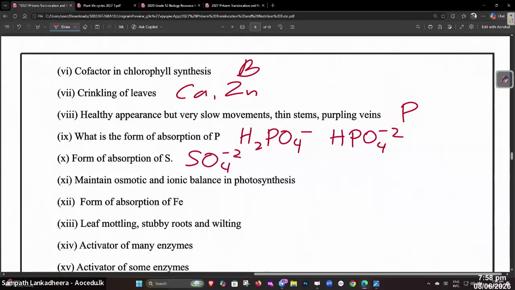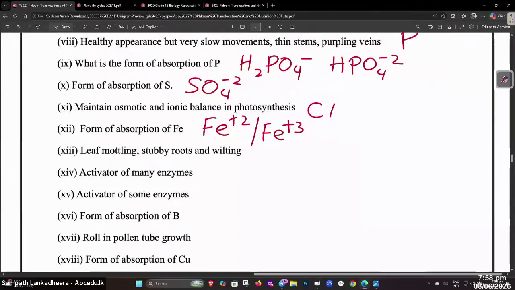And then, people, maintaining osmotic and ionic balance in photosynthesis. What is that, people? Chloride ions. We'll write the element as chlorine. And form of absorption of iron, people. Fe plus 2 and Fe plus 3. And then leaf mottling, stubby roots and wilting. What's that?